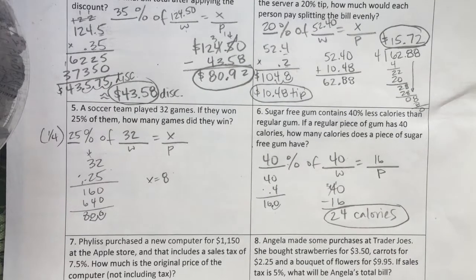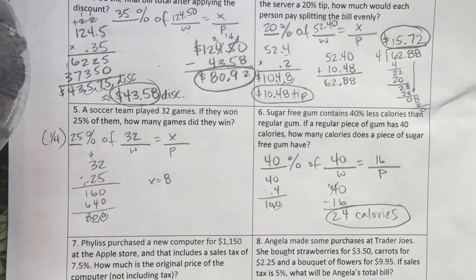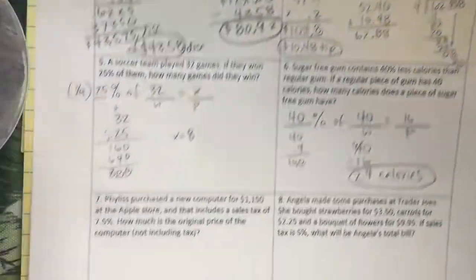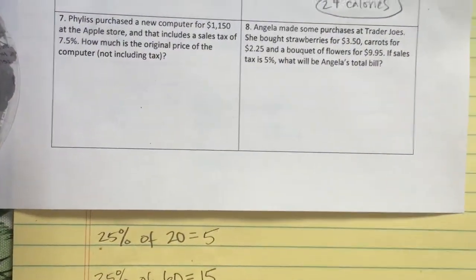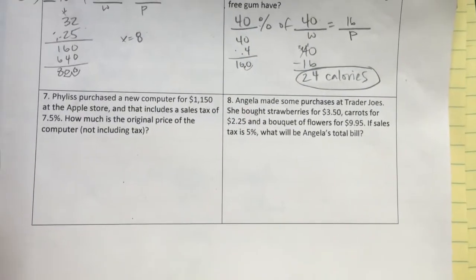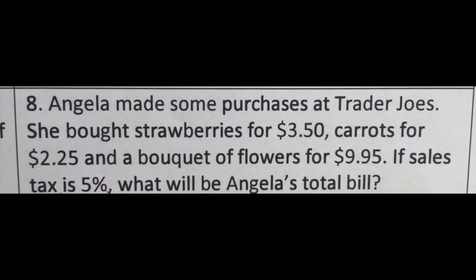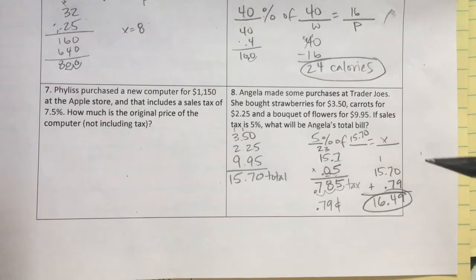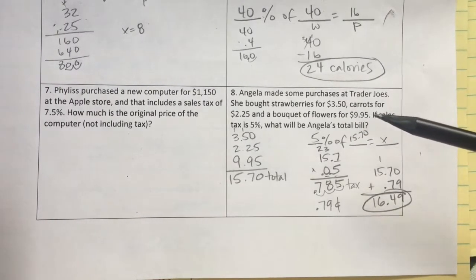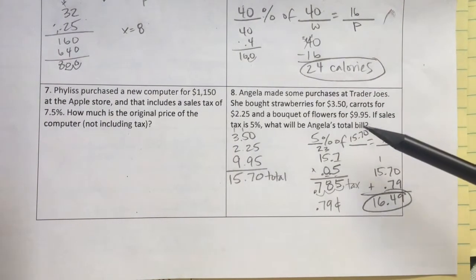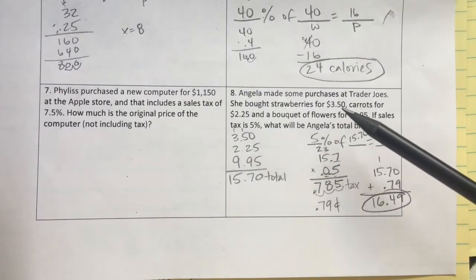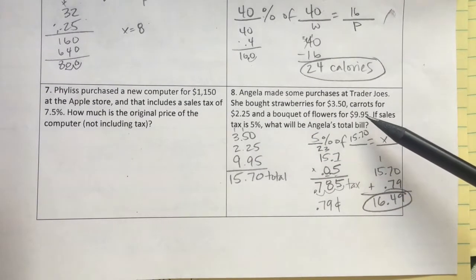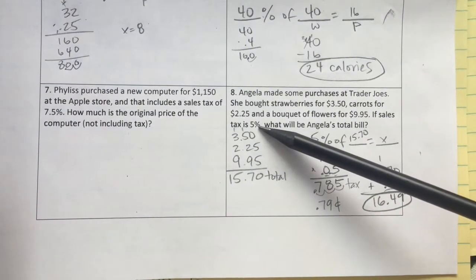All right. Okay, we're gonna skip number 7 for now. Go ahead and do number 8. All right, so for this one, we have Angela buying some groceries. So the first thing I would have wanted to know is what was the total cost for all her groceries, and then I would have calculated the tax based on that total.